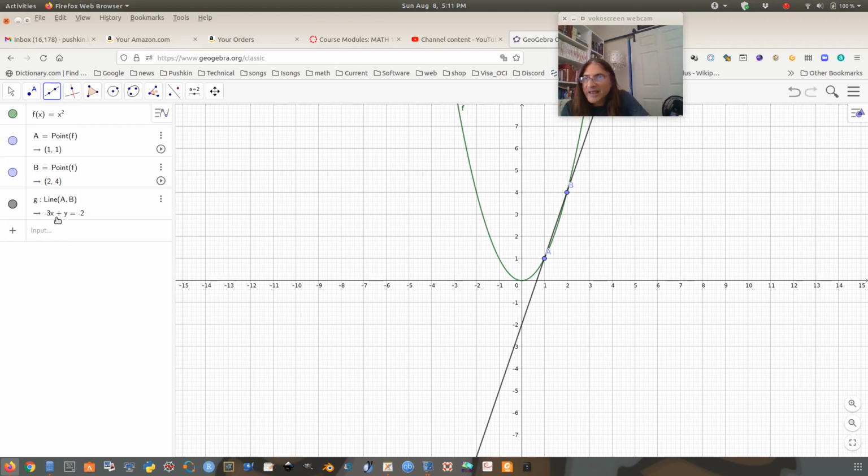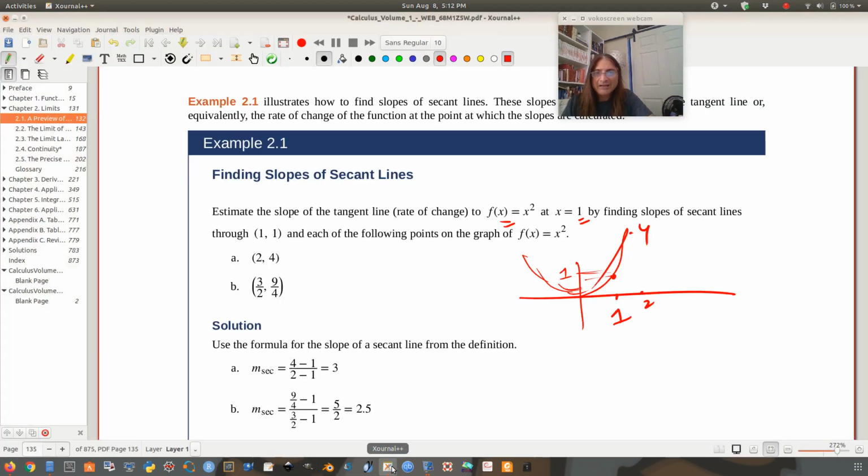And let's see, when x is equal to 1, yes, y is equal to 1, so it has A and B as the points on the line. When x is equal to 2, y is equal to 4. So this is the equation of the line, which you can, of course, derive yourself. So this is the question here. Of course, I would ask you to do it by hand, but I'm just showing you on GeoGebra.